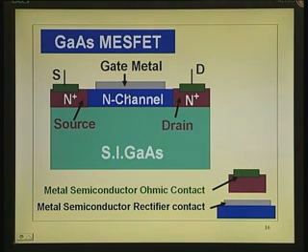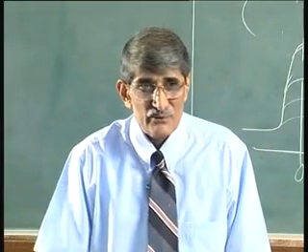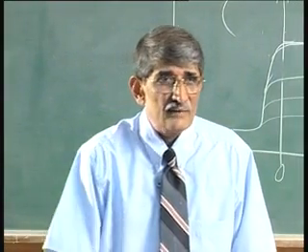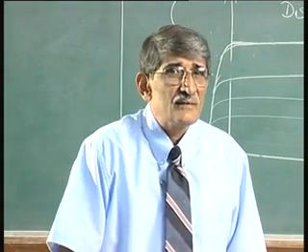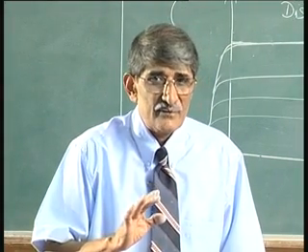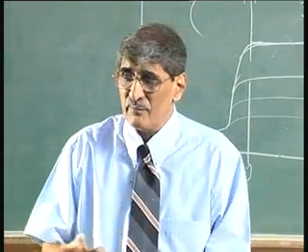Which one would you choose? The answer is whichever is easy for you to do, you will choose in technology. In gallium arsenide technology, you prefer lower temperature processing. You do not want higher temperature processing.